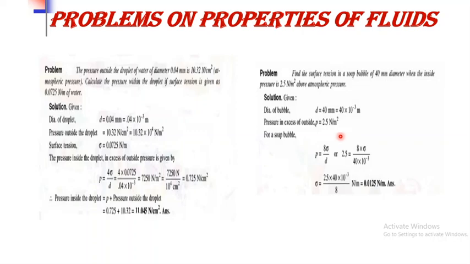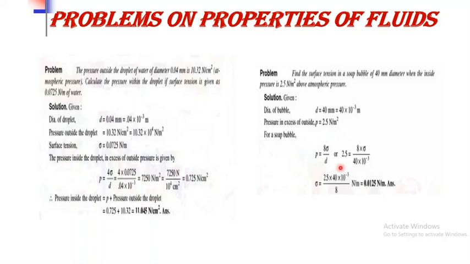For calculating the pressure in case of the soap bubble, the formula is P = 8 sigma by d, and the given things are the diameter of the bubble is 40 mm, that is 40 into 10 raised to minus 3 meter, and the pressure in excess of outside, which is above the atmosphere, is 2.5 Newton per meter square.